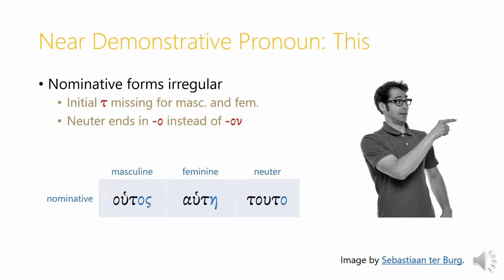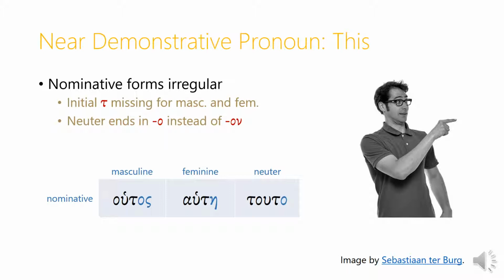I don't know. Again, these were highly commonly used words, and commonly used words tend to get the corners knocked off them. And that's probably the historical reason why we have houtos and not toutos. Be that as it may, these are the nominative forms. Houtos, haute, and touto mean this.